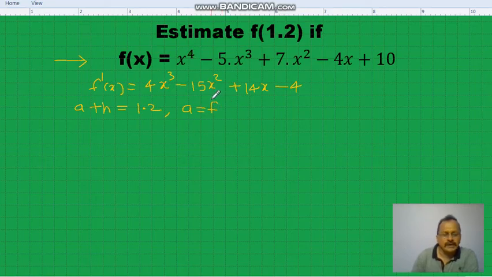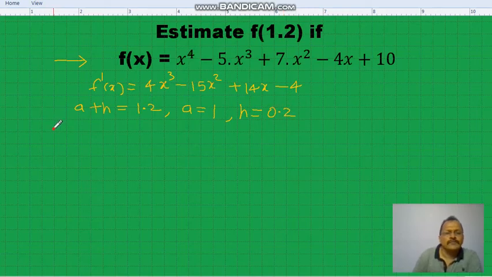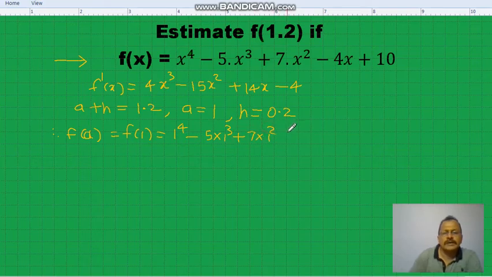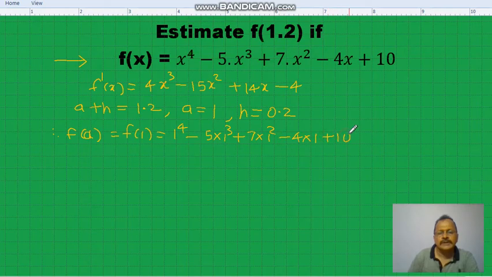So put a equal to 1 and h equal to 0.2, and therefore f of a equals f of 1, which equals 1 raised to 4 minus 5 into 1 cube plus 7 into 1 square minus 4 into 1 plus 10.